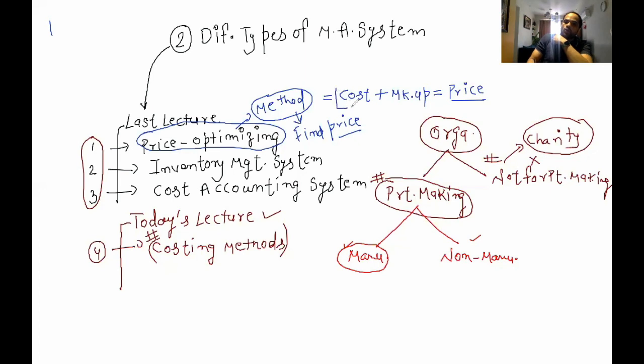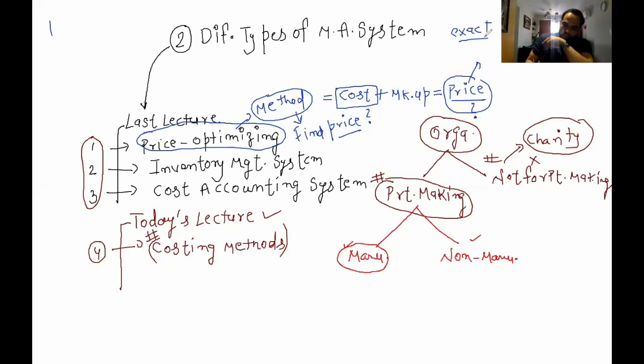Now remember, if your cost has a problem, your price has a problem, all right? The idea is, in order to find the exact price, it's really important to find the exact cost. If your cost has a problem, your price has a problem, right? Keep these things in your mind. That's the learning from the previous sessions.